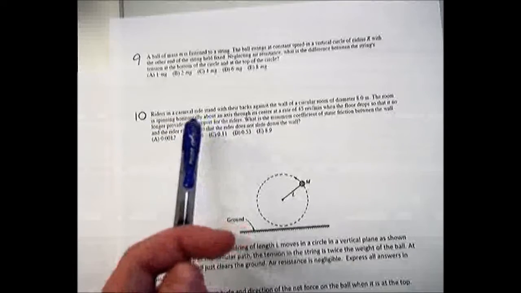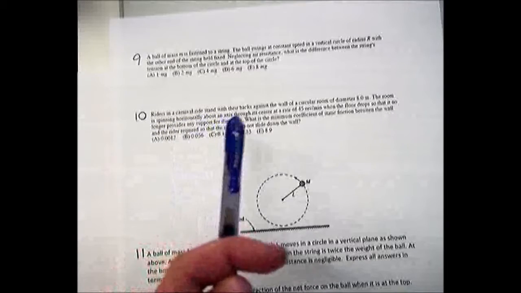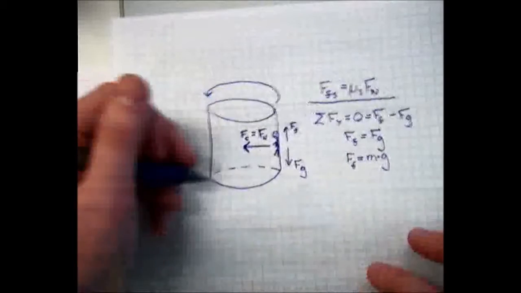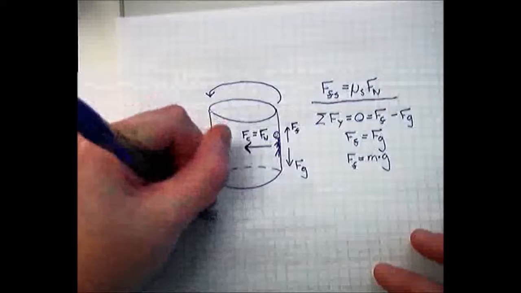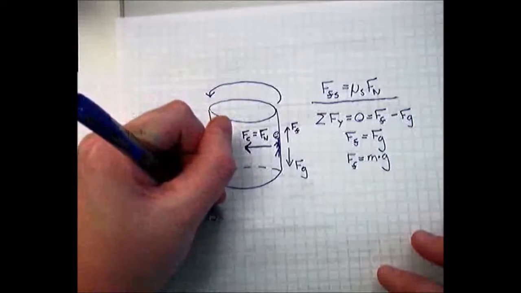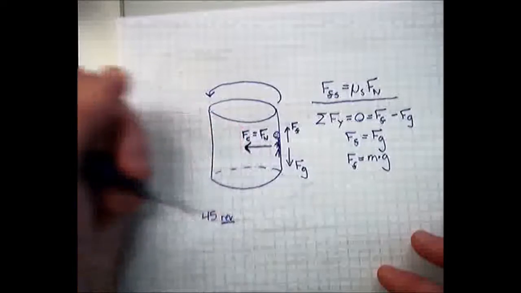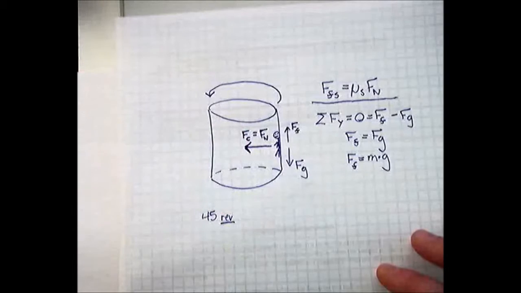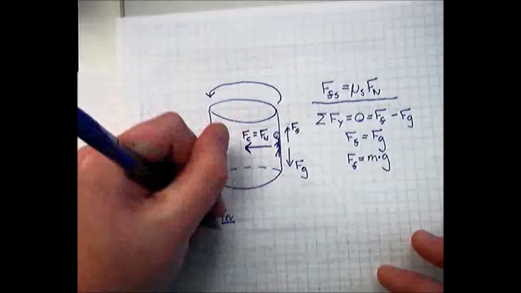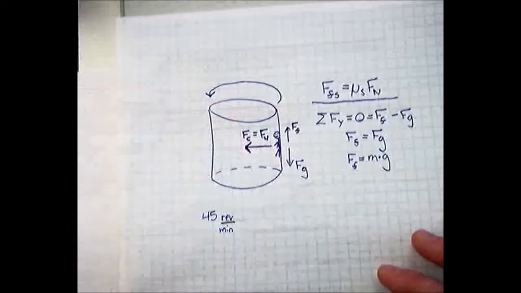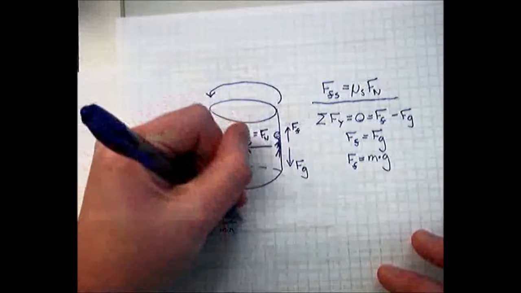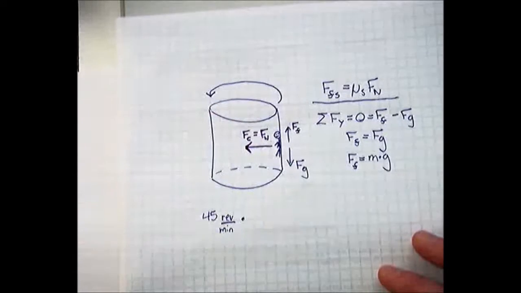It spins about its axis at a rate of 45 revolutions per minute. So that's a measure of frequency, and it's kind of useful, but we need that in a measure of how long it takes to do one rotation. So if this is 45 revolutions per minute, let's get rid of the minutes first.